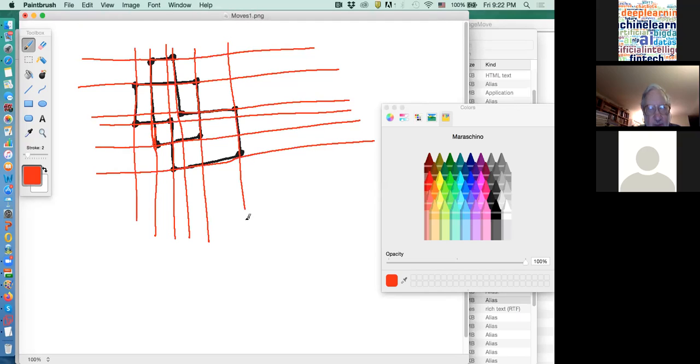And now you see that our knot is lying on a grid. It's lying on a grid, which is 1, 2, 3, 4, 5 by 5 in this case.